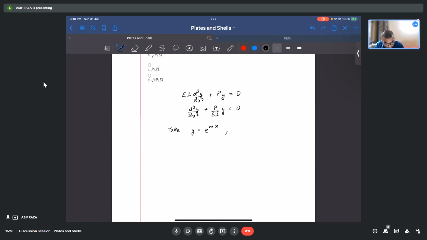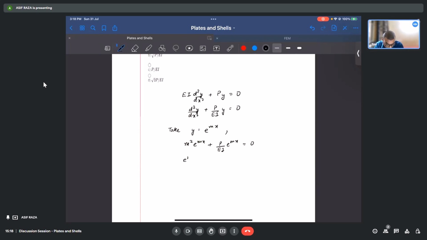So we will get m square e to the power mx plus P upon EI e to the power mx equal to 0.